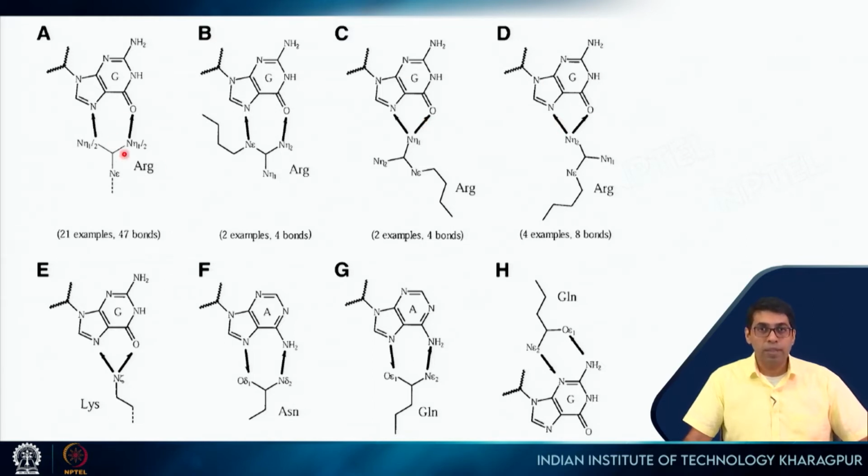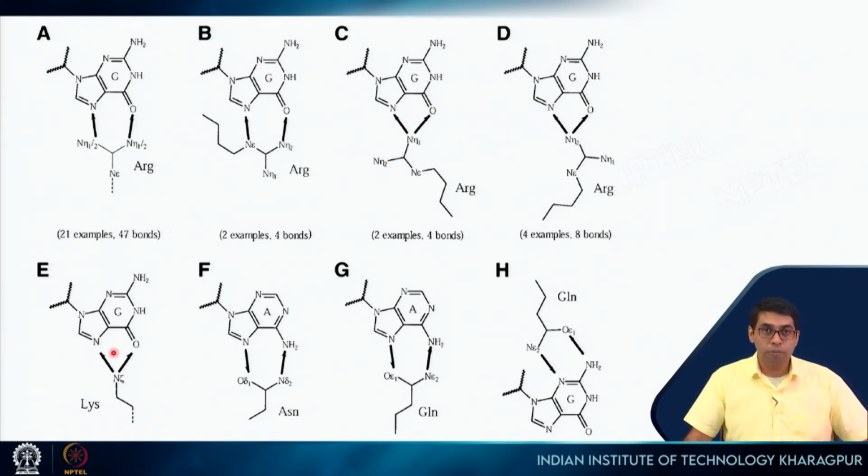So guanine arginine interaction is very common, and this type of hydrogen bonds are seen quite often. So it means that if you have arginine in the binding site of a protein or a transcription factor, then you can guess correctly that this will most probably form hydrogen bonds with guanine on the DNA in the major groove.